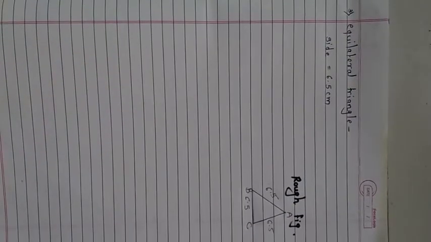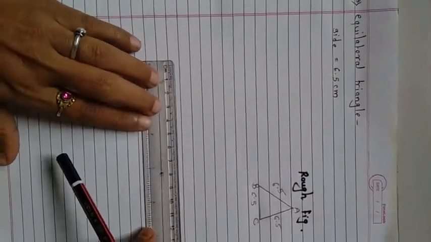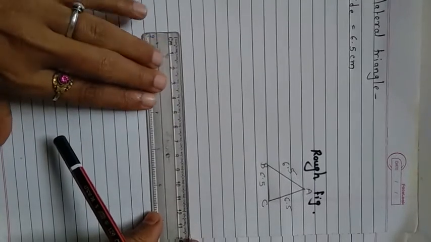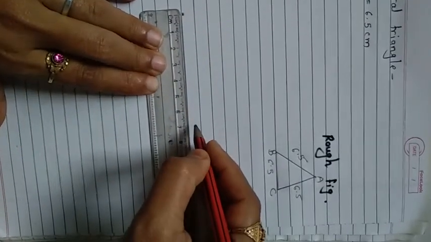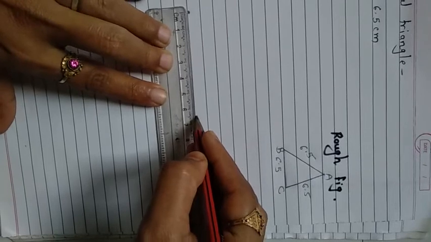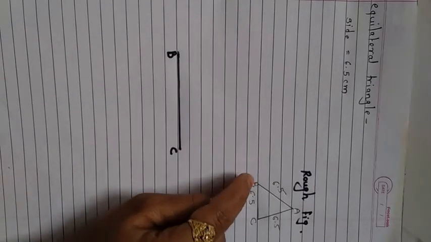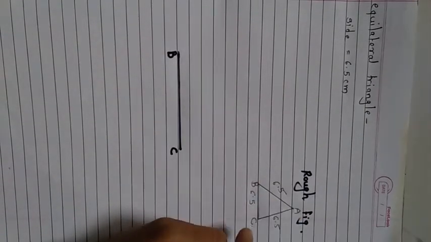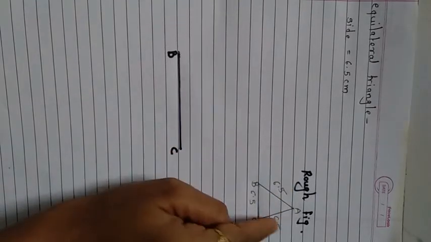Now see here how to draw. First of all we are drawing 6.5 centimeter as base. BC I am going to draw 6.5. Now we have to draw B to A and C to A. Both are at equal distance.